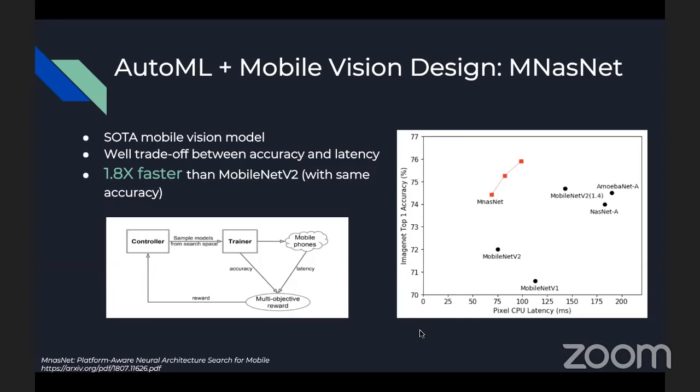So compared to the black dot of MobileNet V2, MnasNet does significantly better at trading off accuracy and latency. I can give you an example: with the same accuracy as MobileNet V2, MnasNet can do almost 2x faster at inference time. That's a significant improvement in efficiency.